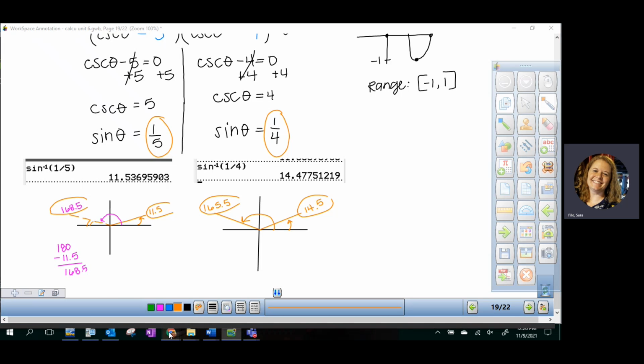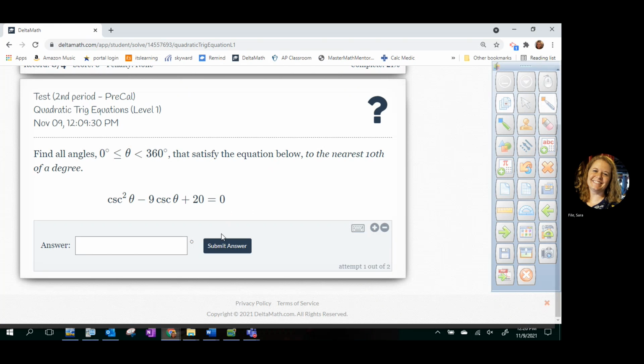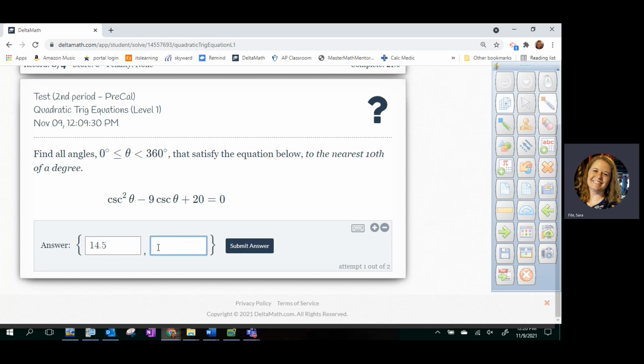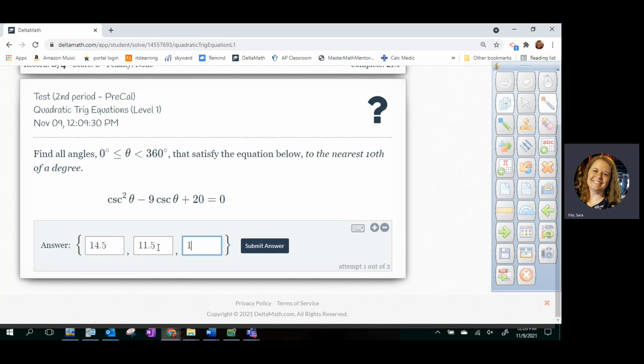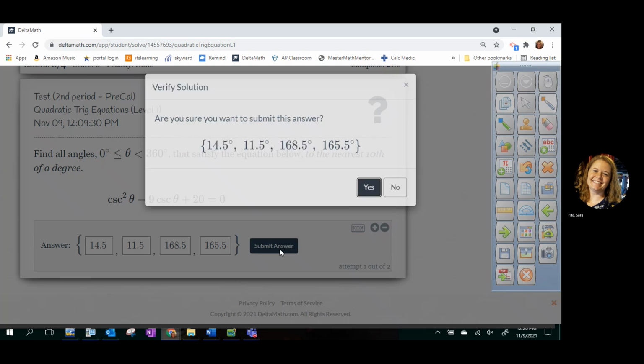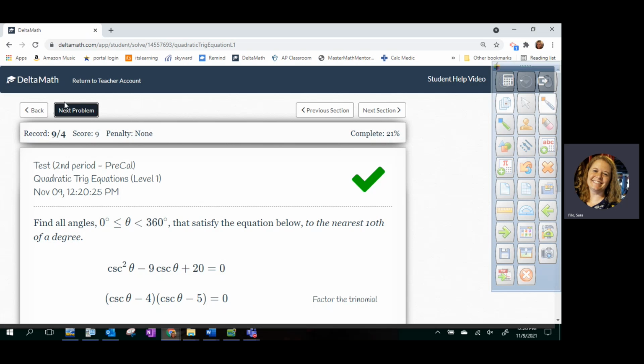Well, let's go ahead and list those so we can get to another question and see if it's similar. So that one came out to 14.5 and 11.5 and 168.5 and 165.5. Doesn't matter what order you type them in.